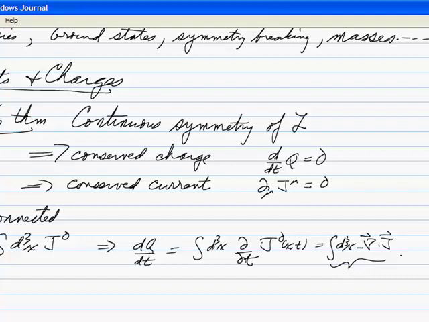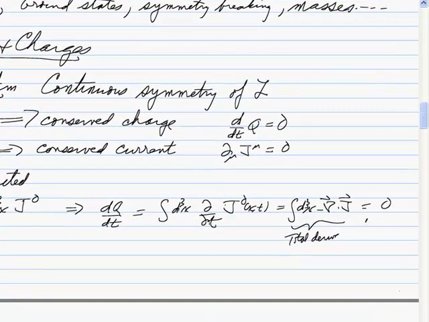You know, this is a total derivative. And that's equal to 0 if your surface is at infinity. Okay, in general, it's equal to the integral dA dot j. It's the current flowing through the surface. You take that surface at infinity, and it's equal to 0.